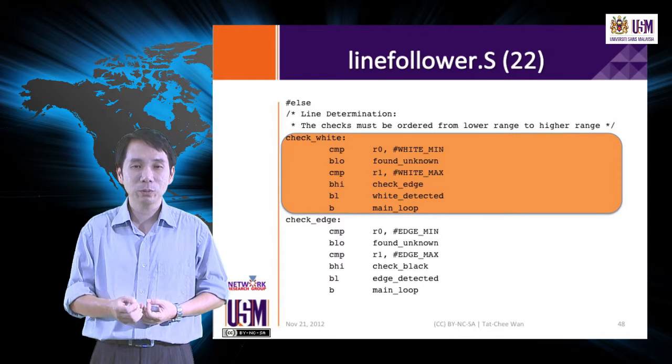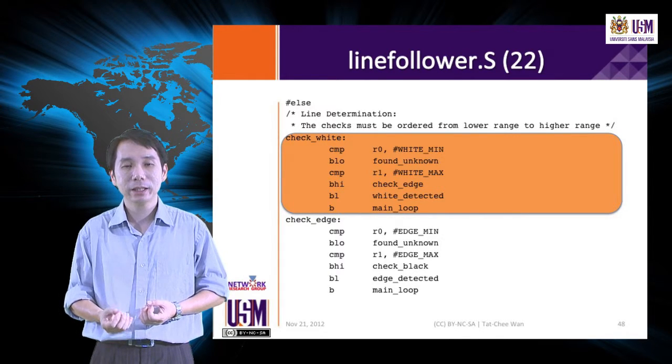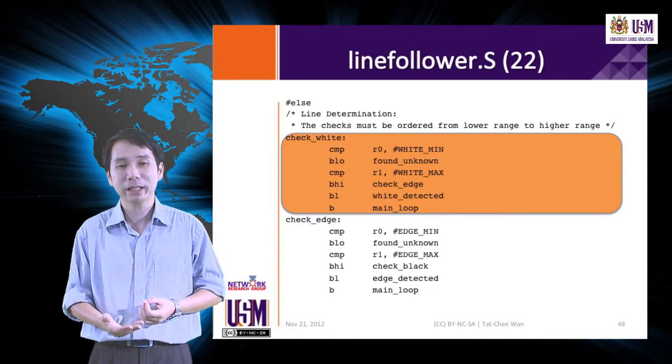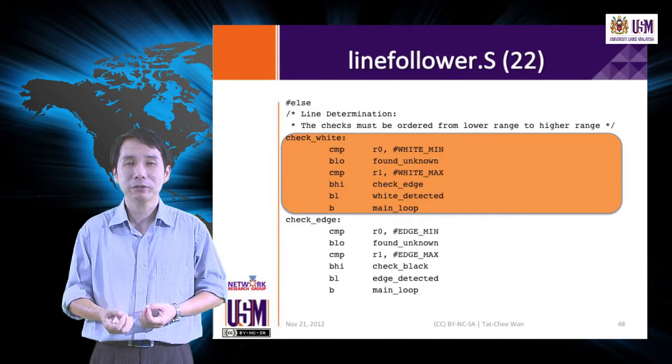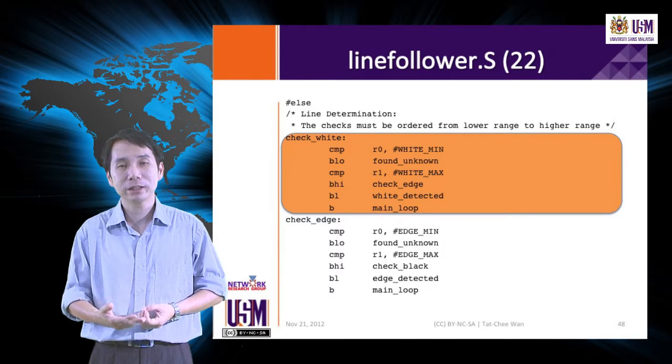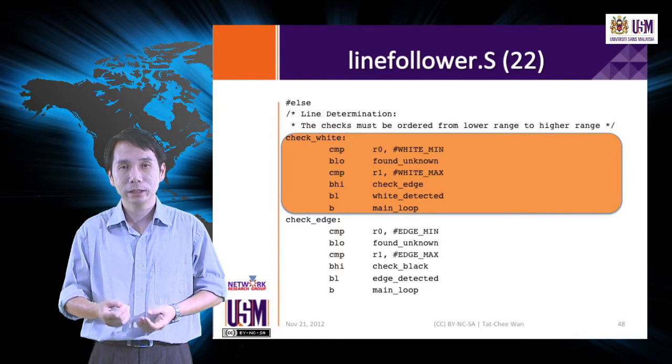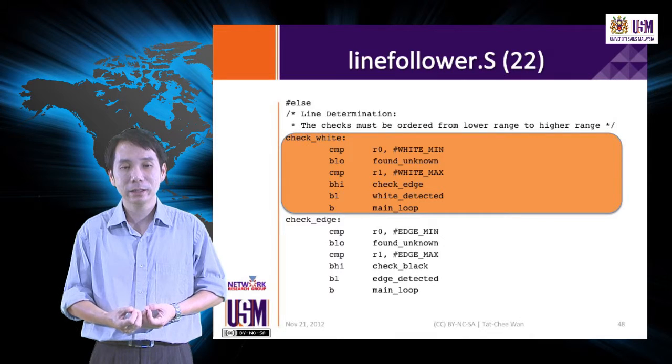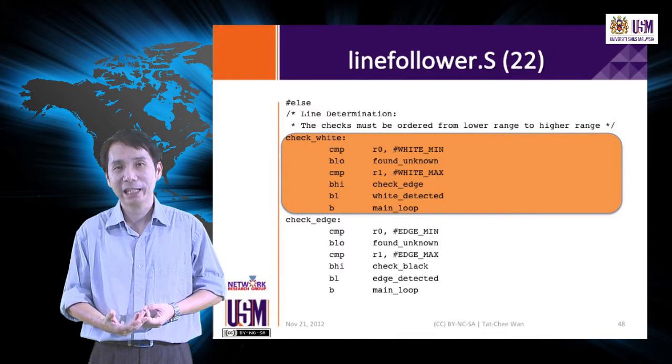If it is less than white min or greater than white max, then it would be considered out of range. If it is less than white min, we detect the case where it is an unknown reading. If it is greater than white max, then we will skip it to go on to check whether it is an edge. However, if it falls within this range, we will consider that we have detected a white reading from the light sensor, and we will perform the appropriate action.